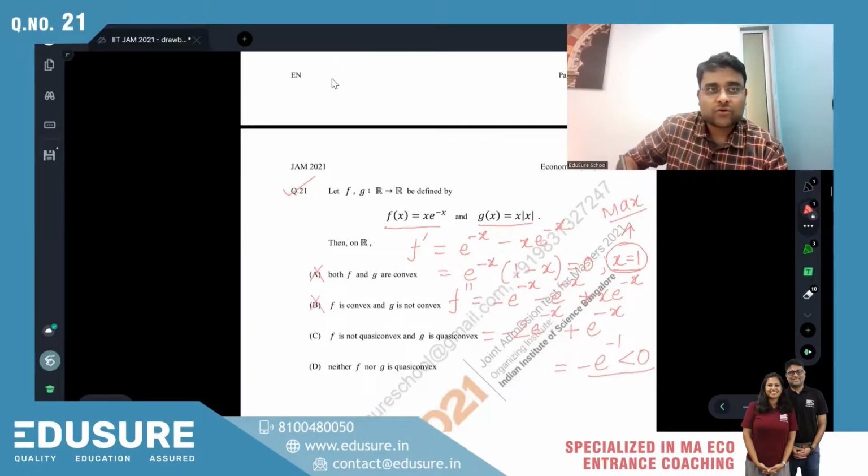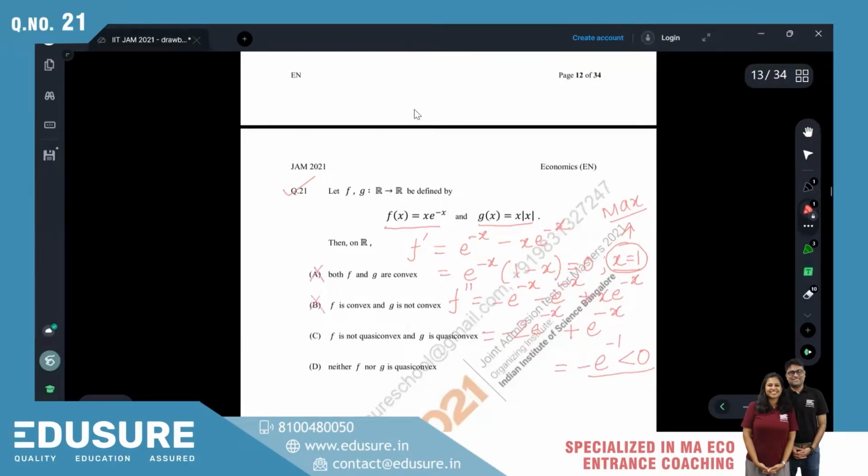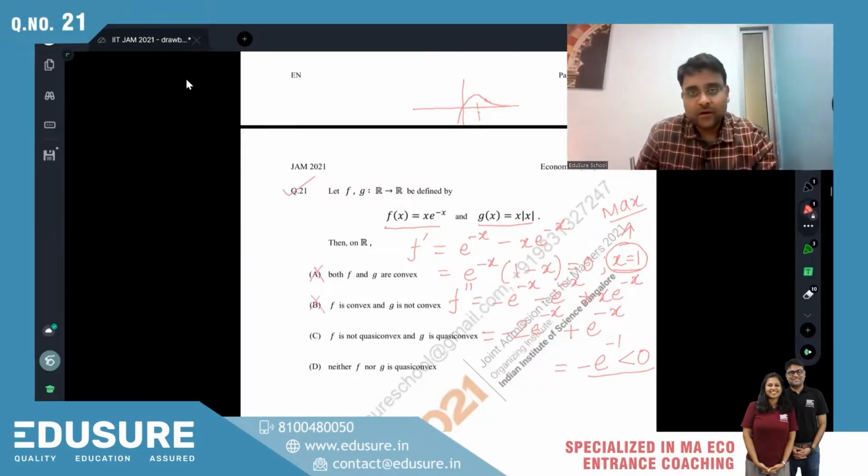So in terms of the diagram, if this is x is equal to 1, from the negative side it will increase and then it will fall. I'm not too sure about the exact details of the graph. I think it will just tend towards 0, never being exactly equal to it.